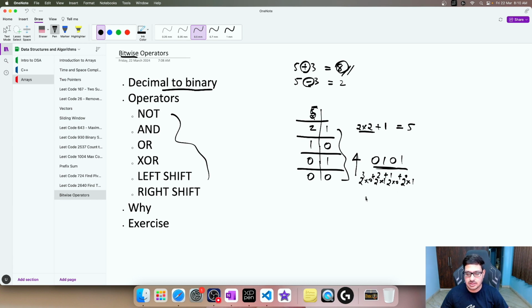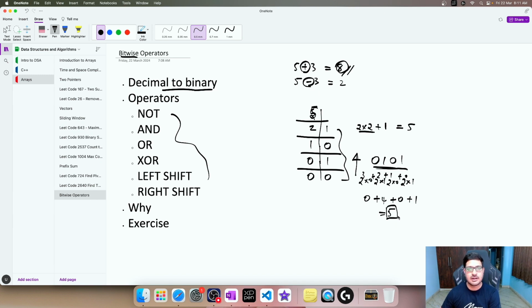So 2 to the power 3 is 8, 8 into 0 is 0. 2 to the power 2 is 4, 4 into 1 is 4. 0 here and, sorry, 1 here: 2 to the power 0 is 1, 1 into 1 is 1. So we get 5 back. That's how we can convert decimal to binary and then binary back to decimal.